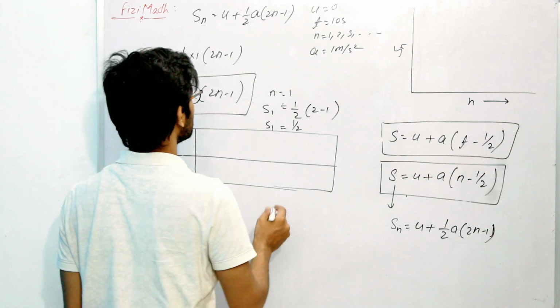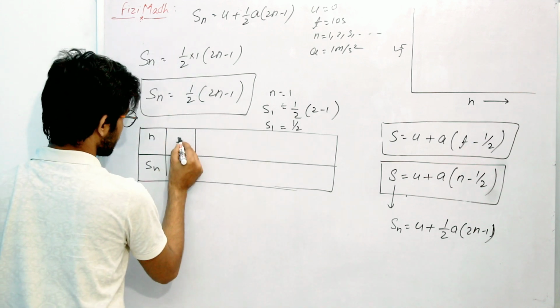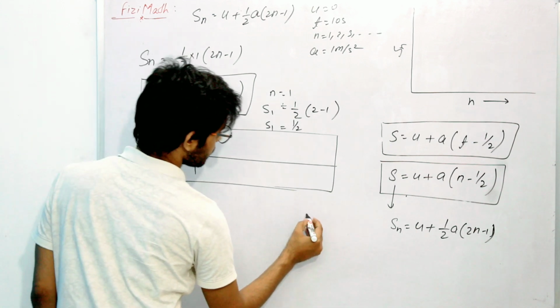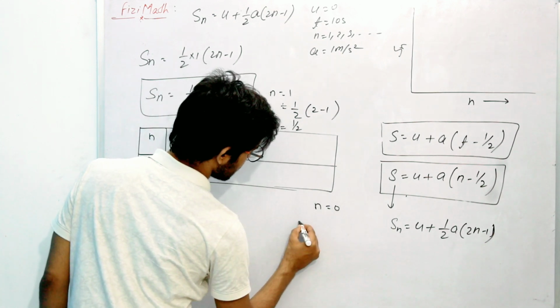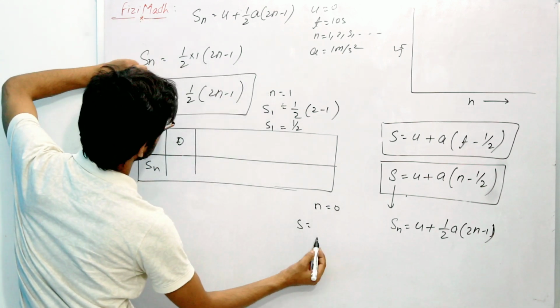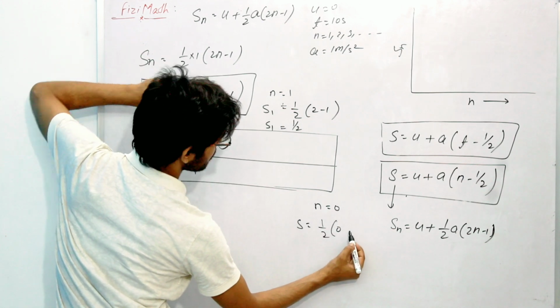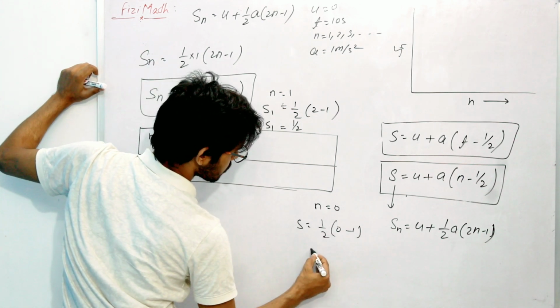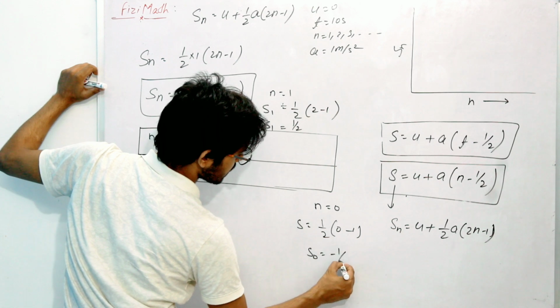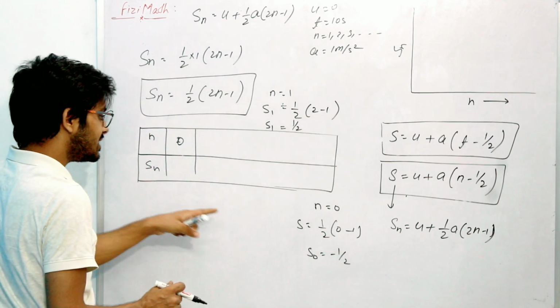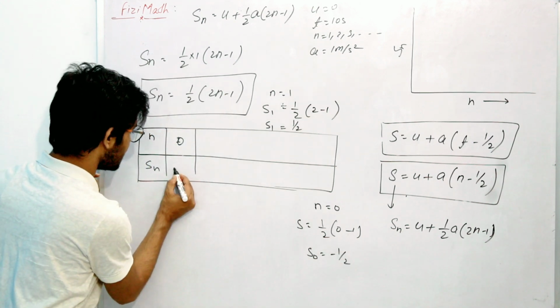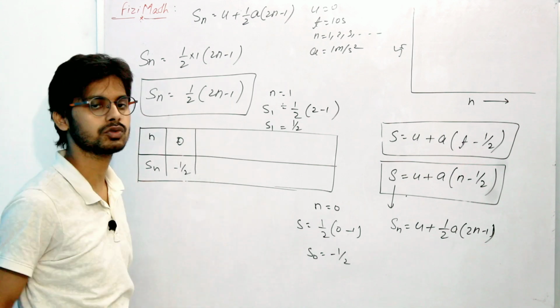What about at 0? So first we will take 0. If n is equal to 0, then S0 is equal to 1/2 (2 into 0 minus 1), so S0 will be minus 1/2. So if n is equal to 0, then Sn is equal to minus 1/2.